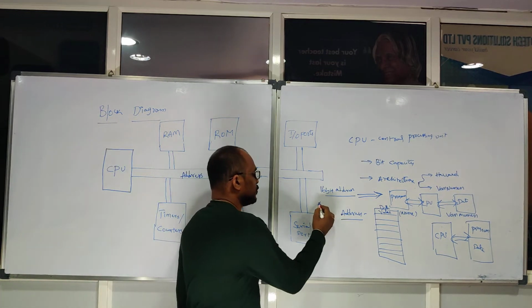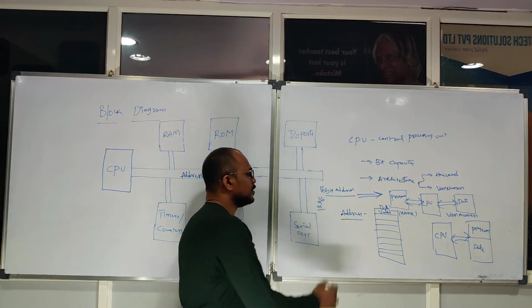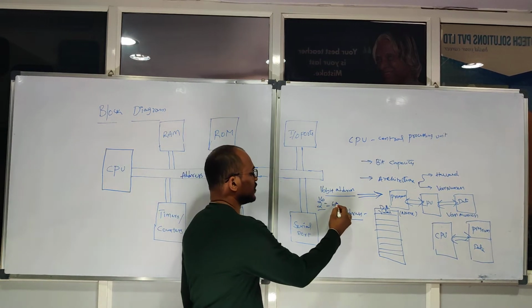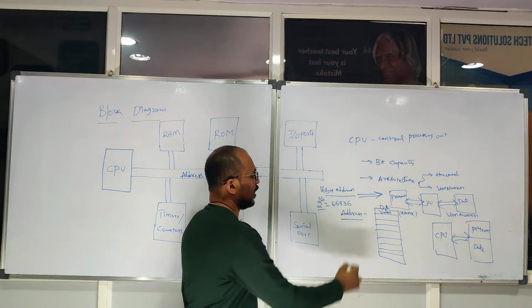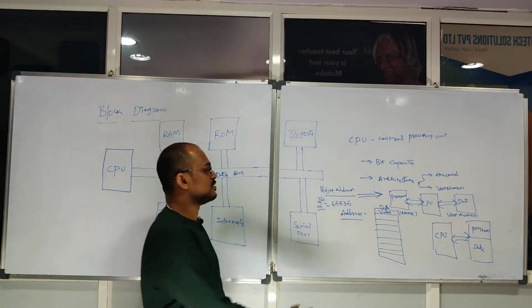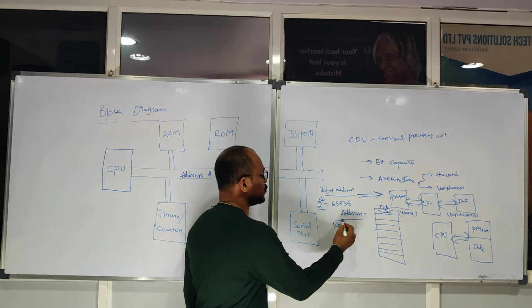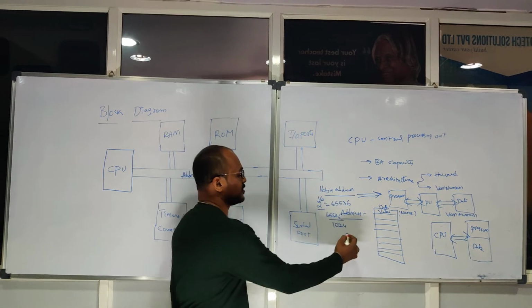The processor can access a maximum of 2 power 16 memory locations, which means 65,536. If you convert this into kilobytes, you simply divide by 1024, because 1K means 1024. So you will get 64K.